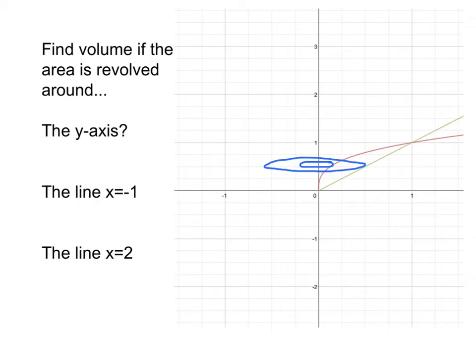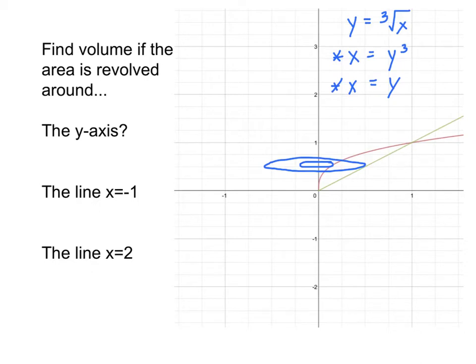So, before we said y was equal to the cube root of x. Well, that means x is equal to y cubed. I'm just going to put a little star by that because we're going to use that. And of course the other was just y equals x, so now we'd say x is equal to y. Now this has to do with the thickness of your cross section, the fact that we need to do this in terms of y. You should have learned that in Calc 1.